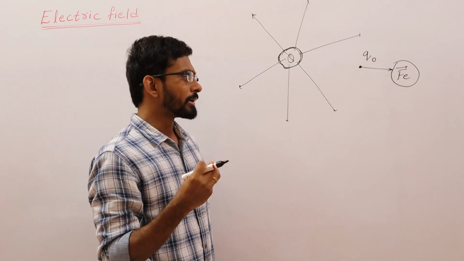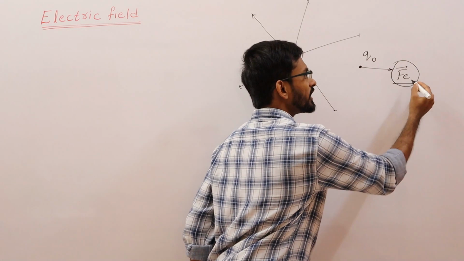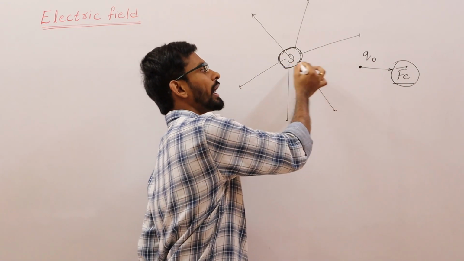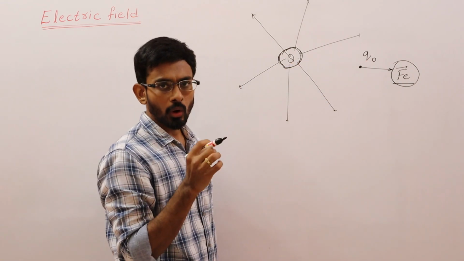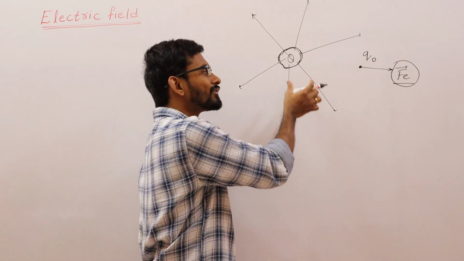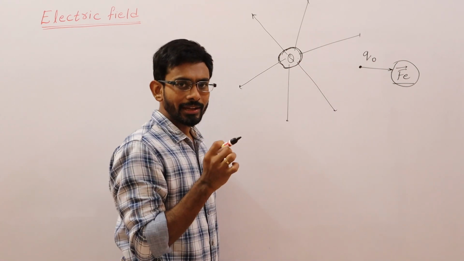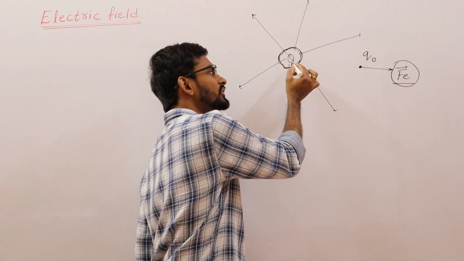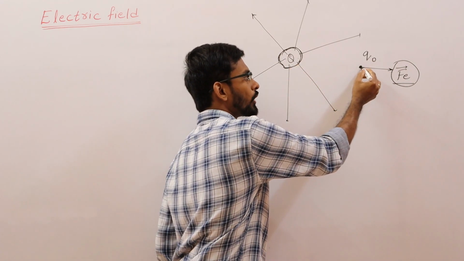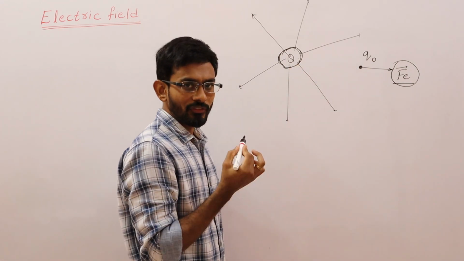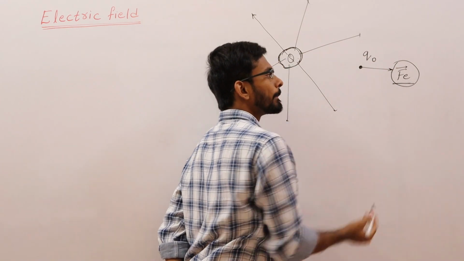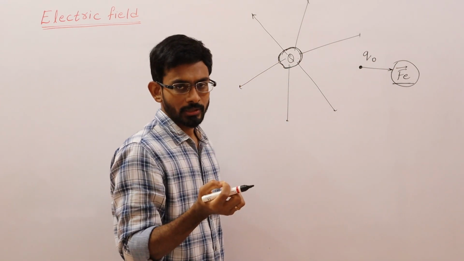But one problem here: this Fe depends on this Q as well as Q0, but we want to test only the influence of this charge. So to get the exact influence of this charge at this particular point, I'll find the force per unit test charge.